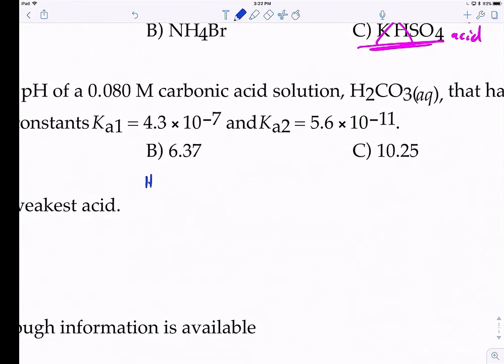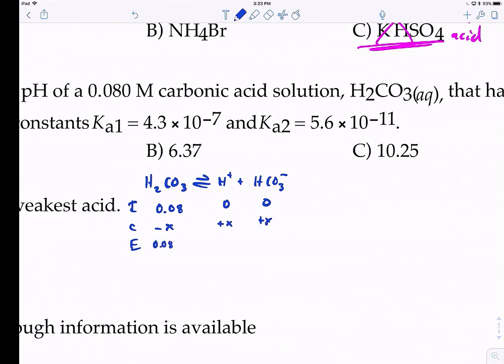So it is H2CO3 in equilibrium with hydrogen plus bicarbonate. So initial, change, equilibrium: 0.08, 0, 0, shift right; 0.08 minus x, x, x.